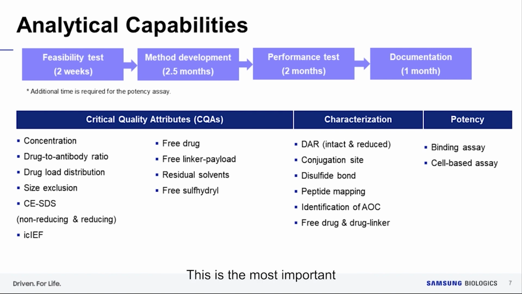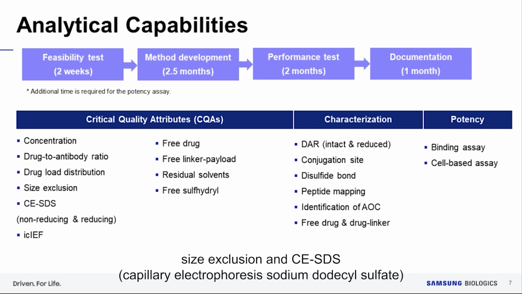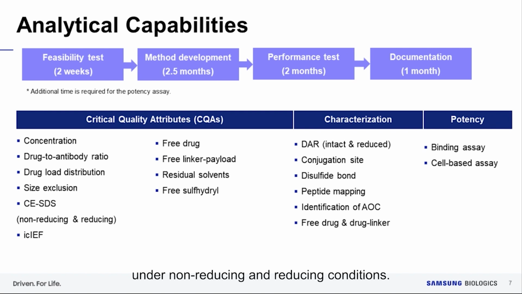This is the most important specification for ADC. And also we can assess drug load distribution by anion exchange and icIEF. For purity, we can also analyze size exclusion and CE-SDS in non-reducing and reducing conditions.